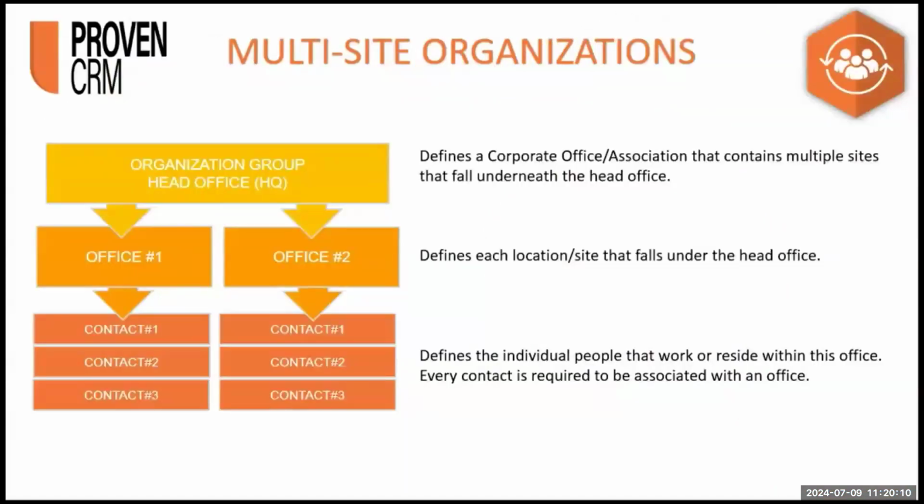Organization group defines a corporate office or association that contains multiple sites that fall underneath the head office. The office site locations fall under the head office, and the contacts within those site locations will fall underneath the offices.